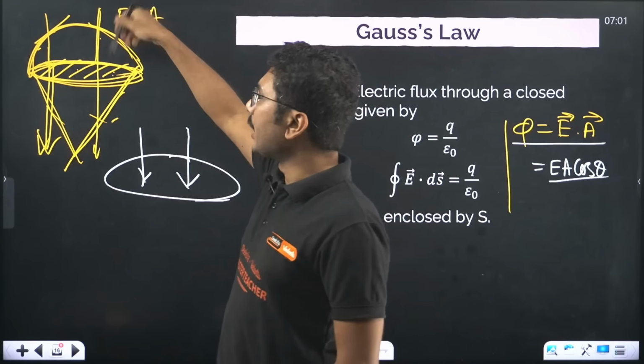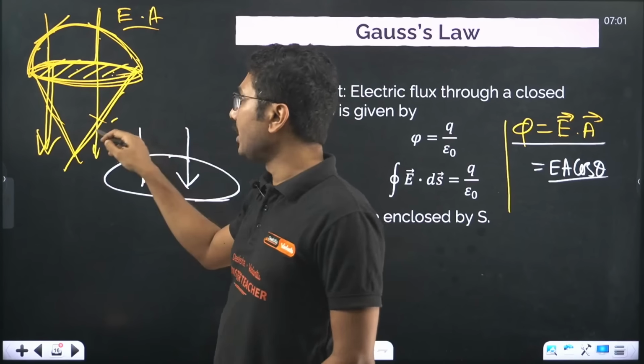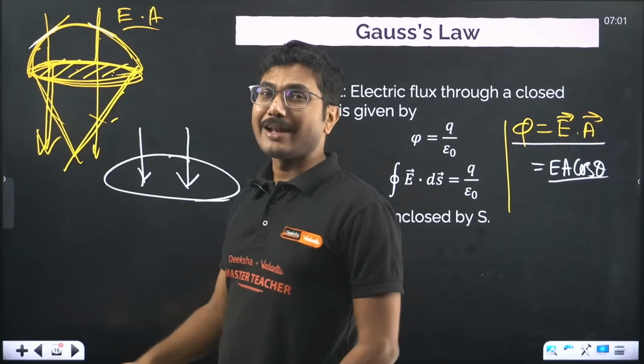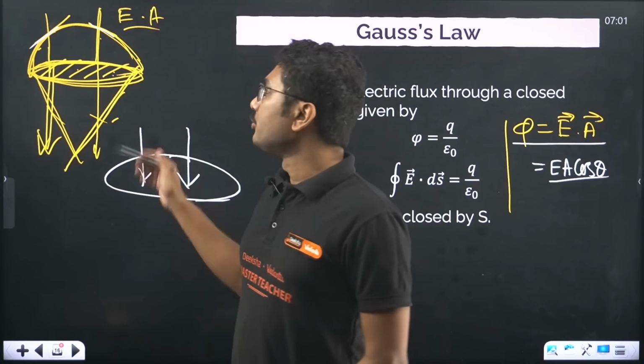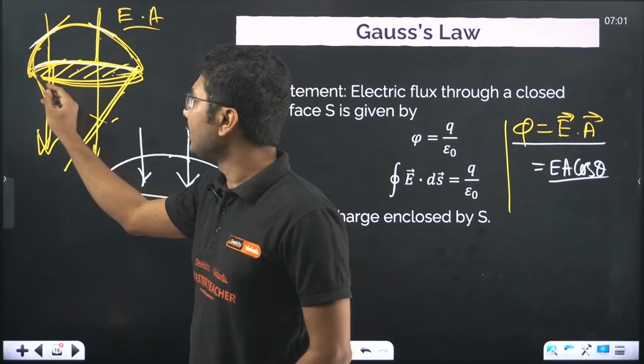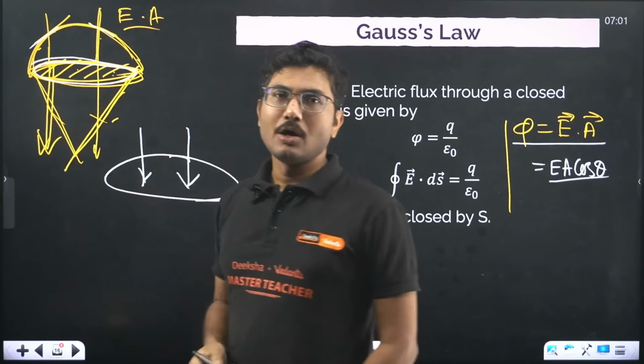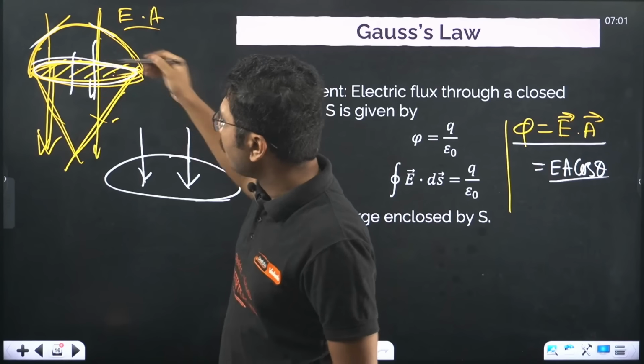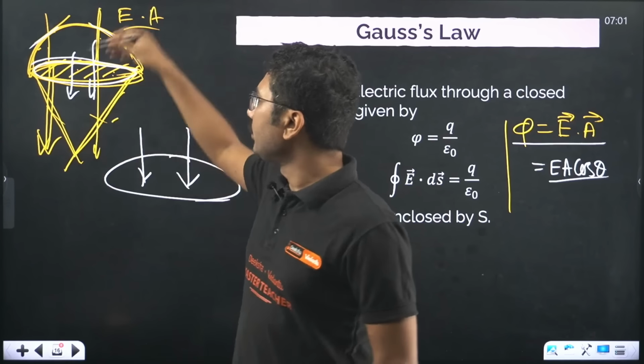If you try to calculate using the upper hemisphere and lower cone, the angle is not 90 degrees over here, so you cannot directly apply E dot A. You have to take the central circle where the electric field line is actually perpendicular to the surface.